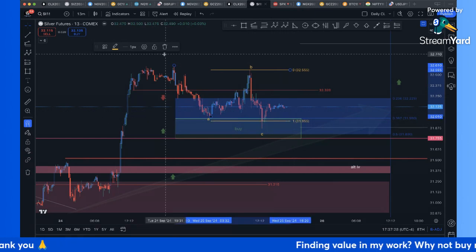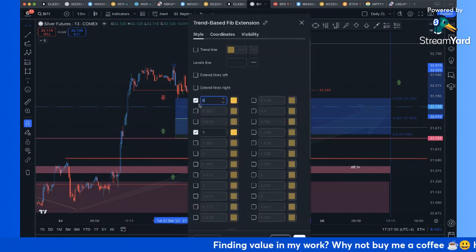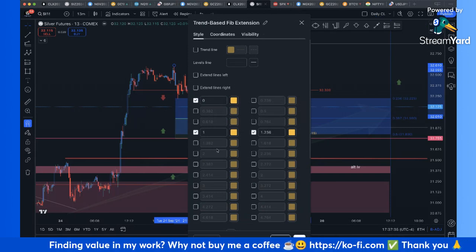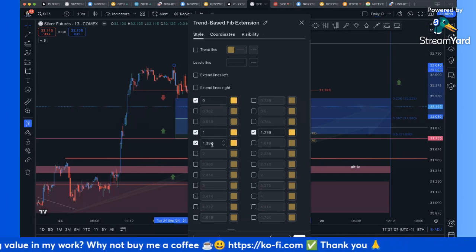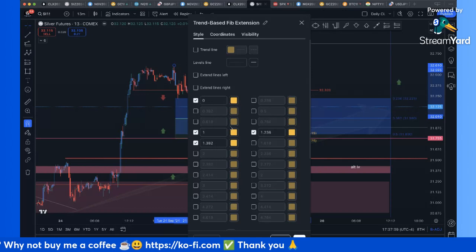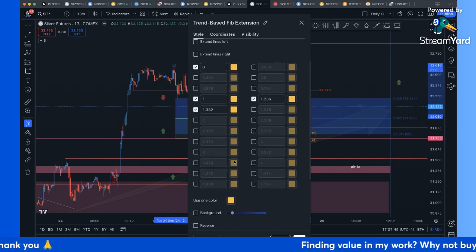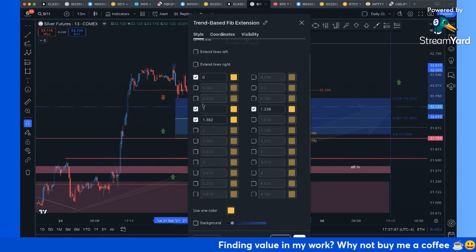There are 2 more I'm going to give you now, and that is the 1.236 fib and the 1.382 fib. You can pause the video, screenshot these settings, create them, and then create a template and save it as A equals C. Now I have 2 templates saved.